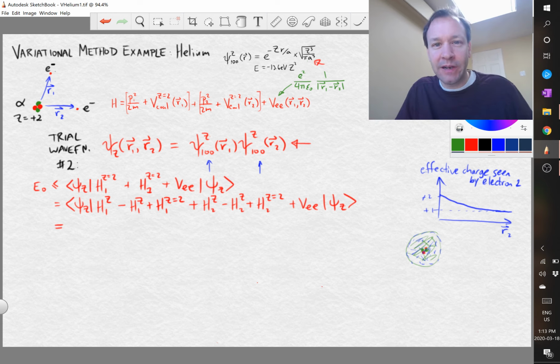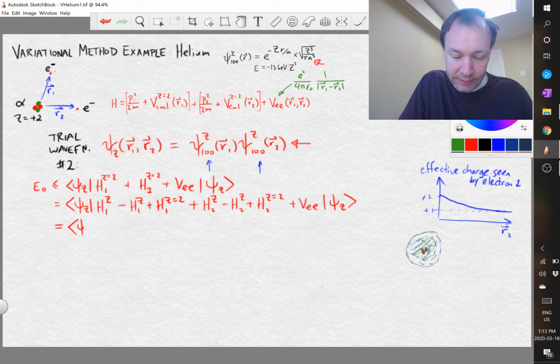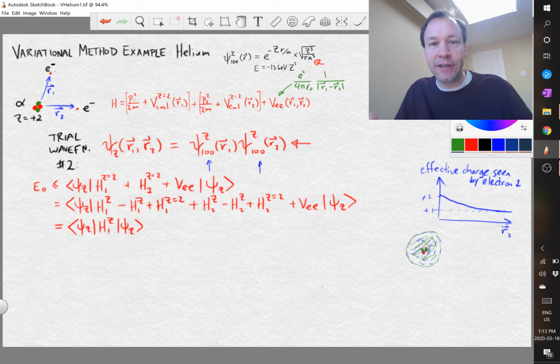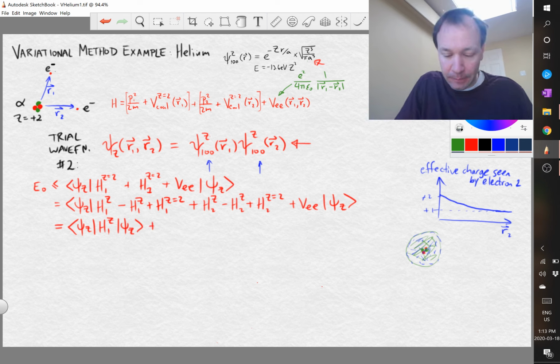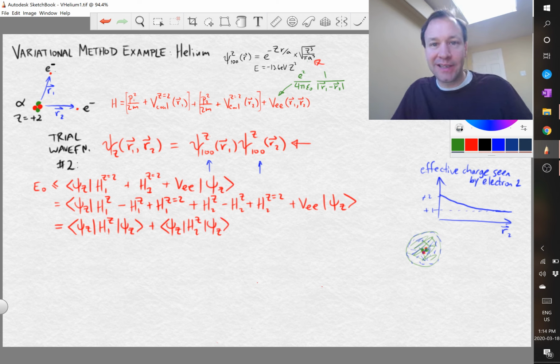Now I'm going to rearrange all of this. We have this first term, and that's going to be easy to calculate because our state psi Z is an eigenstate of H1Z. The next term is also easy to calculate because psi Z is an eigenstate of H2Z.